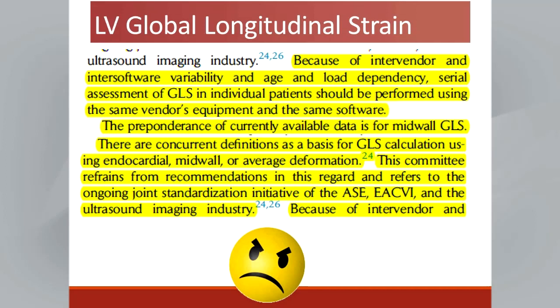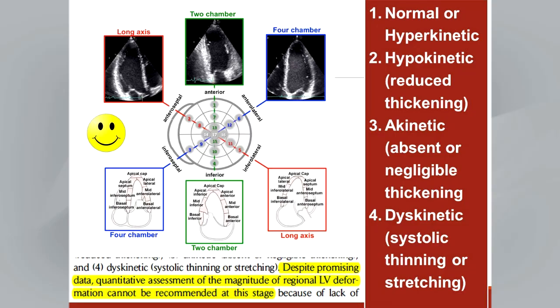So if you want to do serial assessment of global longitudinal strain in one patient, we recommend that it be performed by the same vendor's equipment and by the same software. There is a lot of work between the ASE and the EACVI about trying to standardize industry, so we will refer to their work, and hopefully things will become simpler in the future.